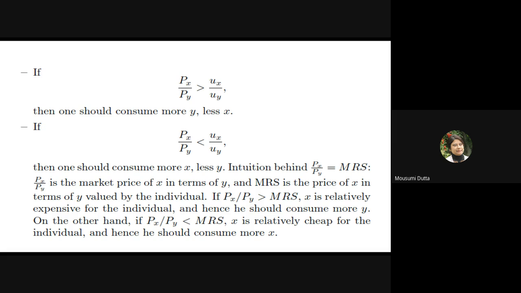Once I reach this solution, I will have no incentive at all to change it further. Therefore, Px by Py equal to MRS, or Px by Py equal to Ux by Uy, gives the consumer the maximum level of utility subject to the income constraint.